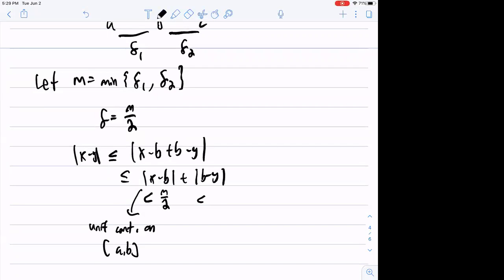Actually, I'm not even sure if you need the m over 2, but the idea is this. Maybe you don't even need the m over 2. Let me think. Yeah, you don't need this.